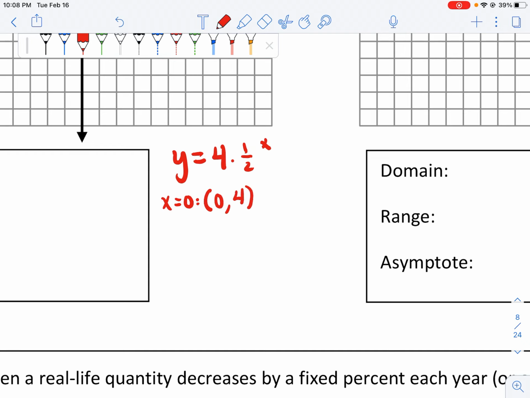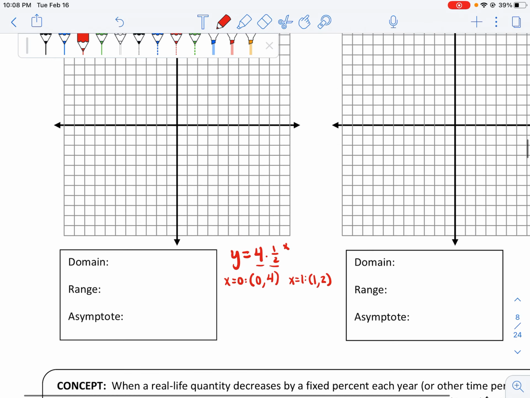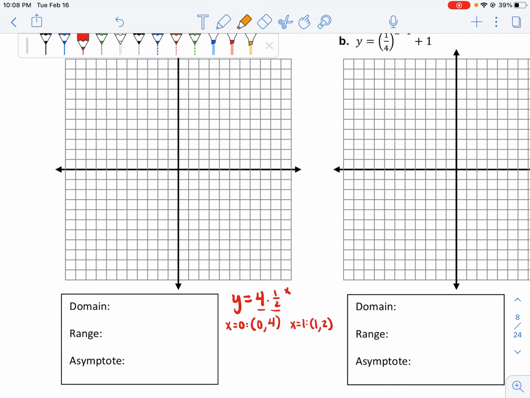And at x equals 1, think of it as 4 times 1/2, so it'd be 1, comma, 2. So these are my original points that I'll graph, and your asymptote is originally at y equals 0. So I graph 0, 4, and 1, 2.